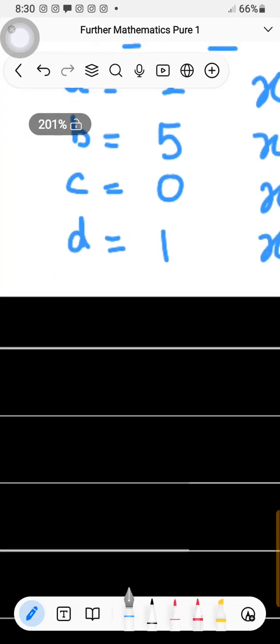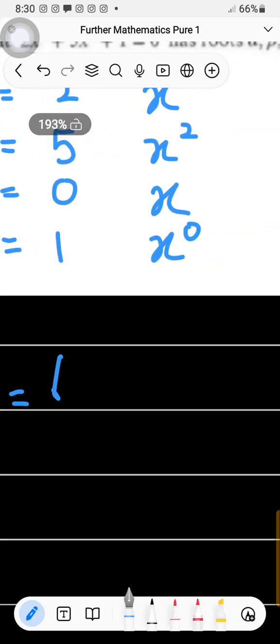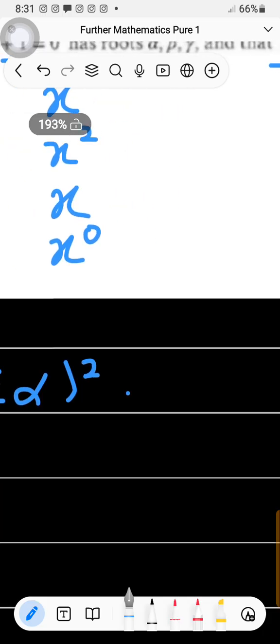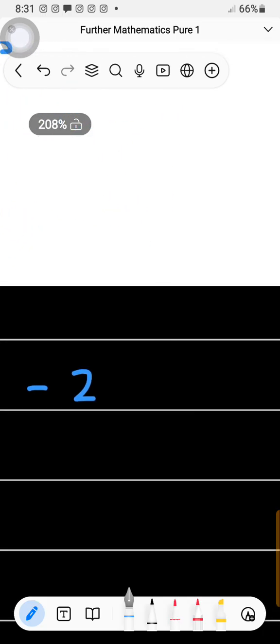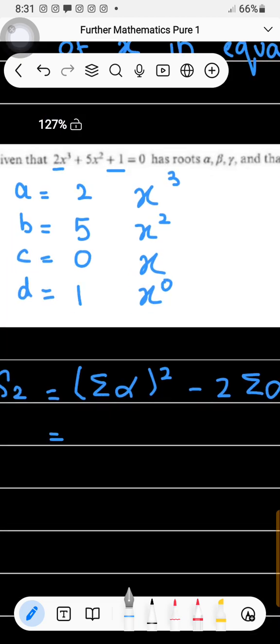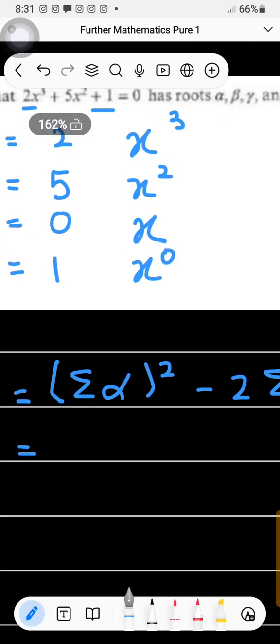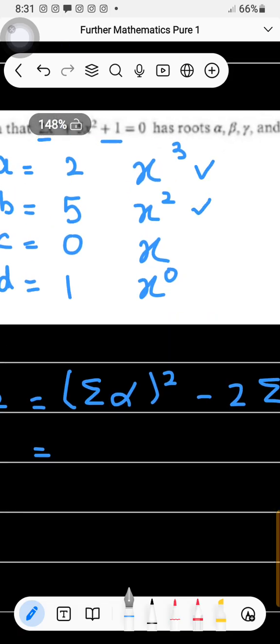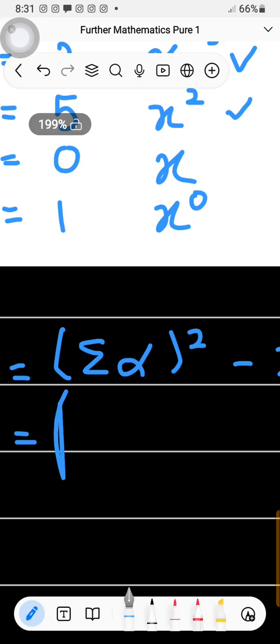We know how to find out S2. We can find out S2 as sum of alpha whole square minus 2 sum of alpha beta. How to find out sum of alpha? Sum of alpha can be found as negative b upon a.